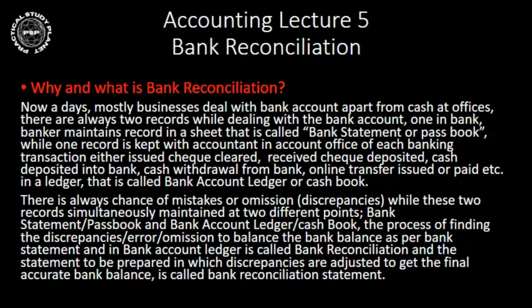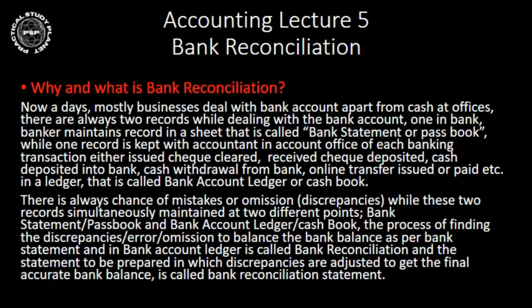There is always a chance of mistakes, omissions, and discrepancies while these two records are simultaneously maintained at two different points: the bank statement passbook and the bank account ledger or cash book.